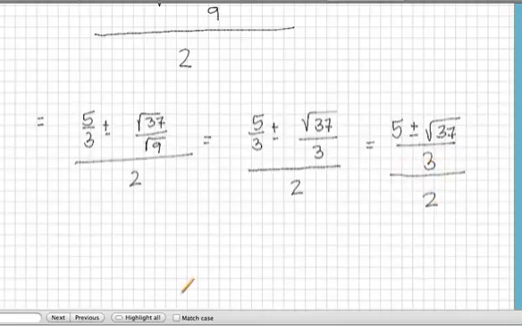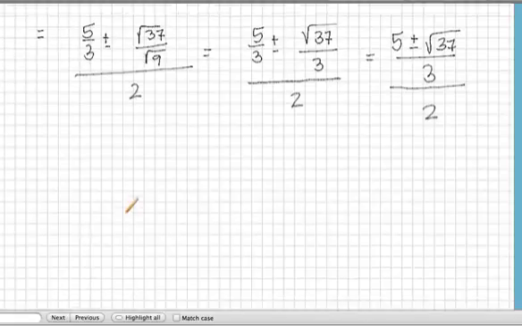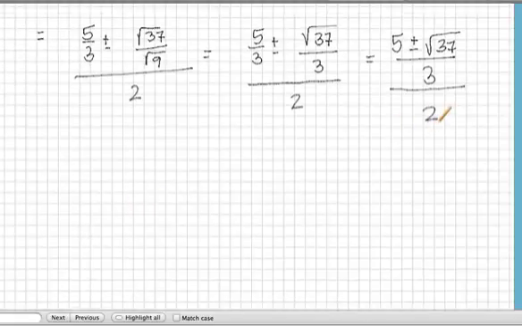The very last step is to get rid of this ugly complex fraction that's going on. The way that we do that, dividing is the same thing as multiplying by a reciprocal. So since dividing is the same thing as multiplying by a reciprocal, I can multiply by the reciprocal of 2 and change this into something that's not a complex fraction.